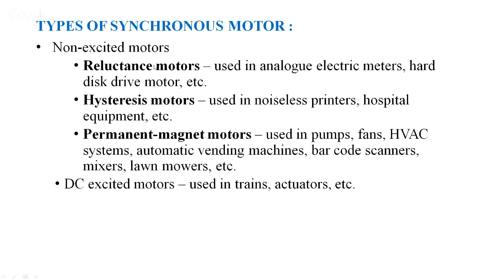Under non-excited motors, we have reluctance motors, which are used in analog electric meters, hard disk drive motors, etc. Hysteresis motors are used in noiseless printers, hospital equipment, etc. Permanent magnet motors are used in pumps, fans, HVAC systems, automatic vending machines, barcode scanners, mixers, lawn mowers, etc. And DC excited motors are used in trains, actuators, etc. So we know that synchronous motor is also one type of AC motor.